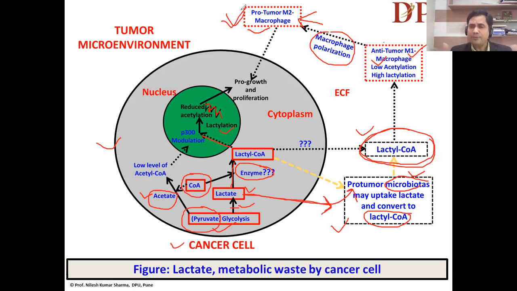It looks like a wonderful strategy by the cancer cells, utilizing what appears to be a metabolic waste in the form of lactate. How do cancer cells utilize this metabolic waste as a metabolic wealth, a messenger to convince non-cancer cells, including microbiota or macrophages, to turn in their favor?